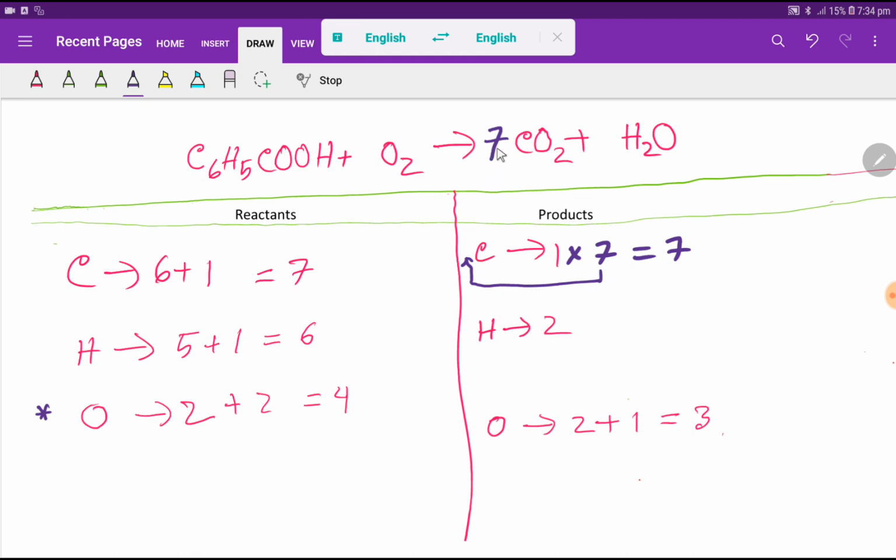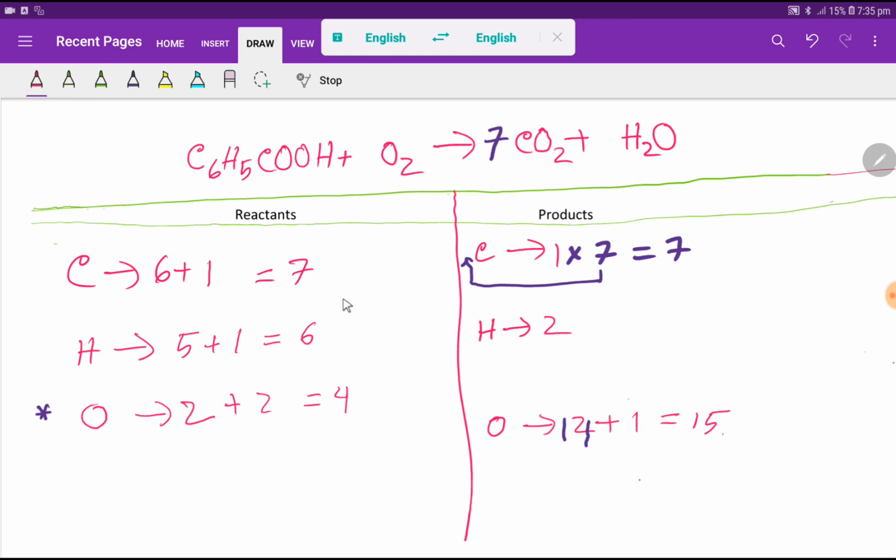So look, 7 times, here the number of carbon is 7, the number of oxygen will be 7 times 2, that is 14, right? So let me update the number of oxygen here, 14. So basically we are getting here 14 plus 1, that is 15 oxygen, right?